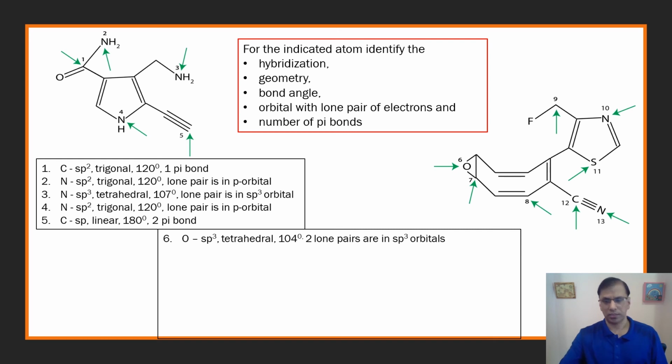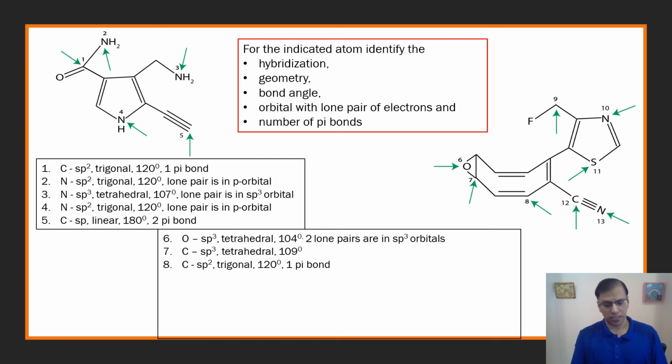Let's consider the carbon atom, which is atom 7. In this case, it's attached to a carbon here, and an oxygen here. In this case, the carbon atom is sp3 hybridized and has a bond angle of 109. It's tetrahedral. Let's consider carbon atom 8. It has a pi bond right here, and so it's sp2 hybridized with a trigonal planar structure and bond angle of 120 degrees.